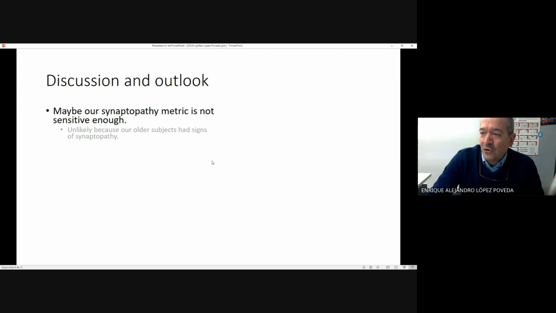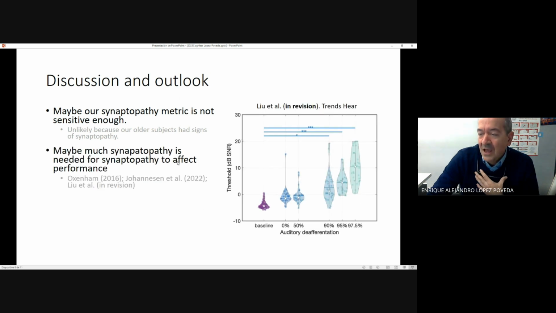Of course, we are conscious that the synaptopathy metric may not be sensitive enough. It could be confounded, for example, by strial degeneration, if there is a reduction of the endocochlear potential that happens with age, which might change the wave 1 slope in a similar way as synaptopathy does. It is also possible that synaptopathy happens, but it has to be quite strong before it has any impact on perception.